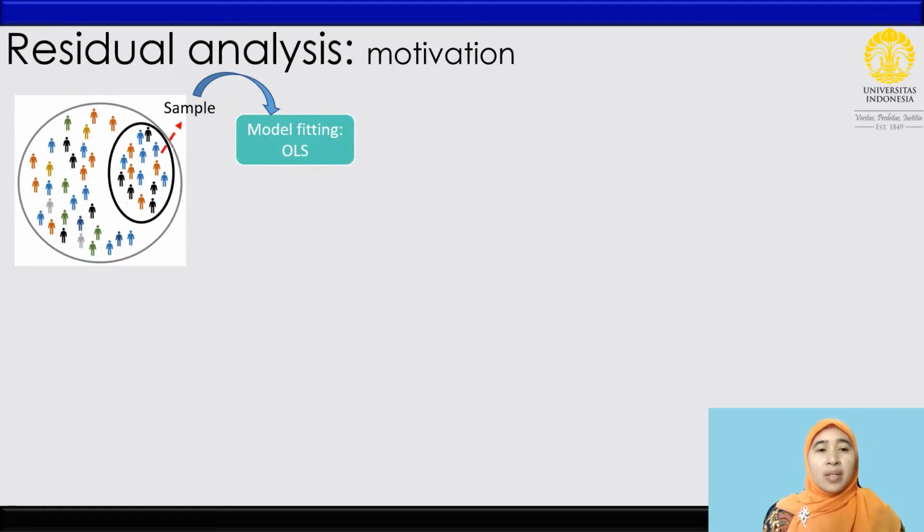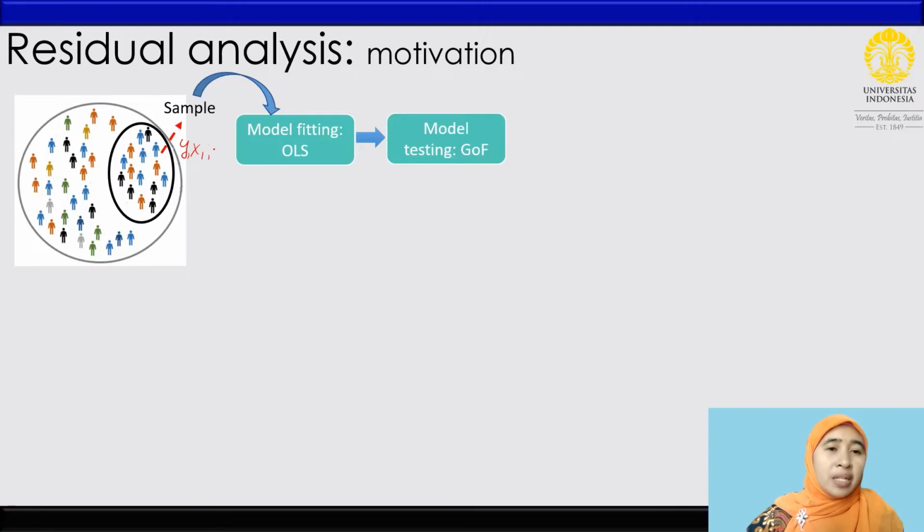And then because we are learning about linear model, so of course we will be working with the linear model. So then once we have our data, we do our model fitting. And usually the one that we have in this lecture is using the ordinary least squares method. And then once we have our regression line, from this data, we have some measurement like Y, and then we have our predictors X1, X2, and so on up to XP.